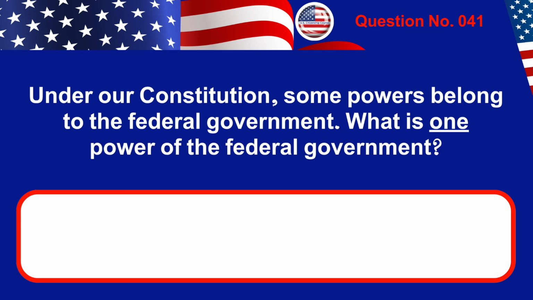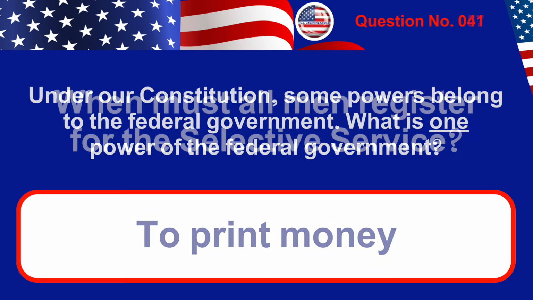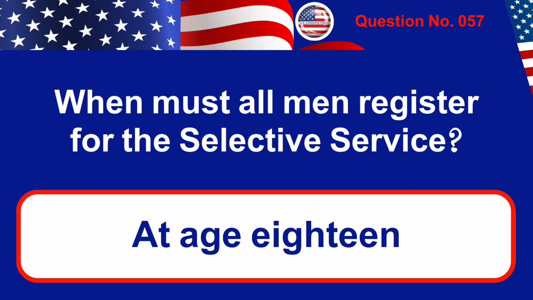Under our Constitution, some powers belong to the federal government. What is one power of the federal government? To print money. When must all men register for the Selective Service? At age 18.